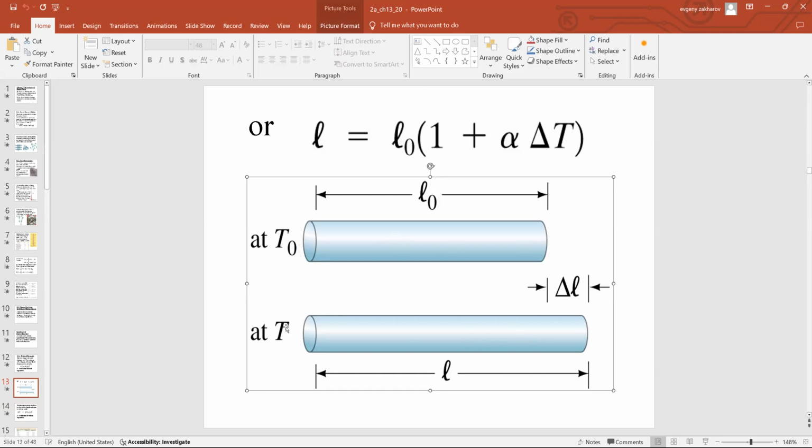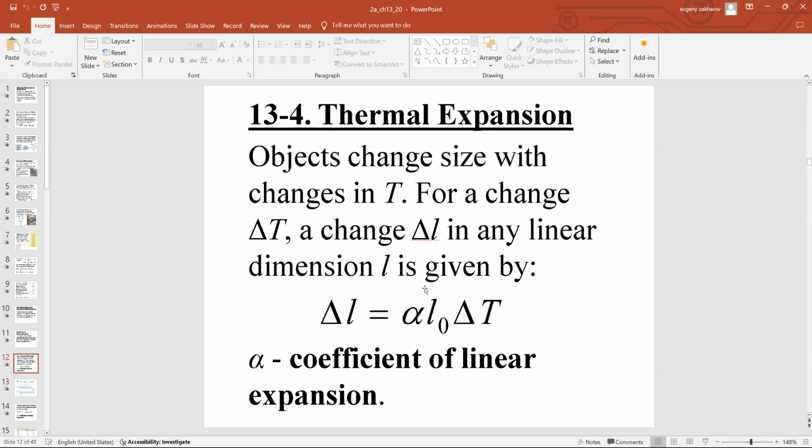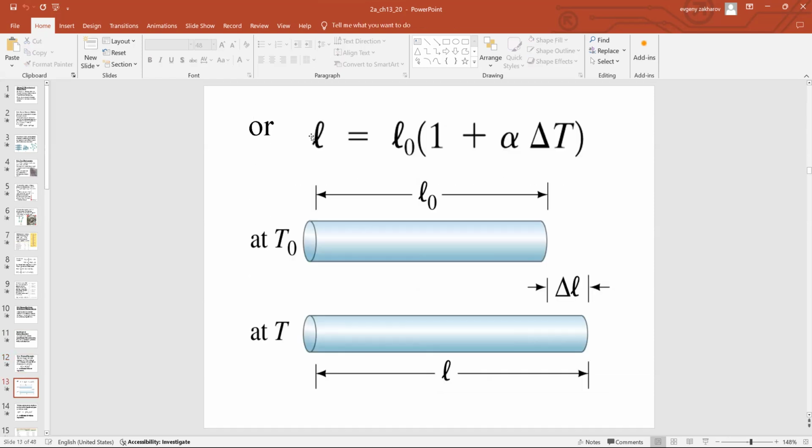So this was the initial temperature, now the final temperature. So you have delta. Delta is final takeaway initial as usual. This is your alternative way of saying the same thing that you see here. You can either use delta notation or the L sub 0 notation. That's the same thing.